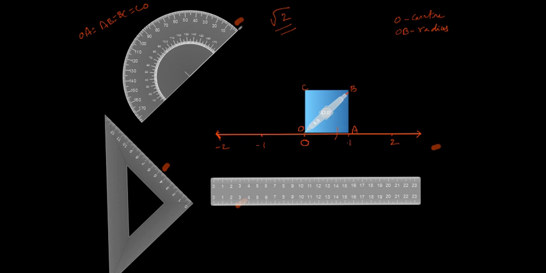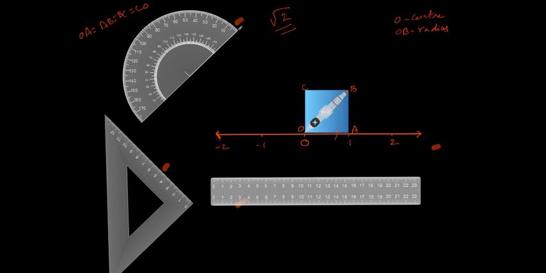You observe there, you put the compass perfectly. O as center, OB as radius.